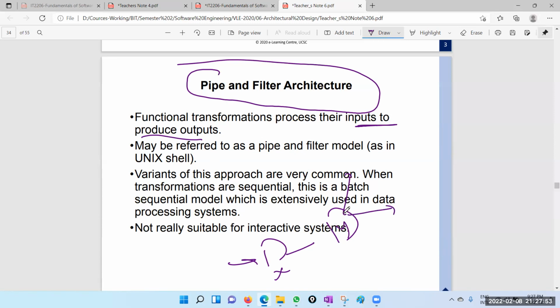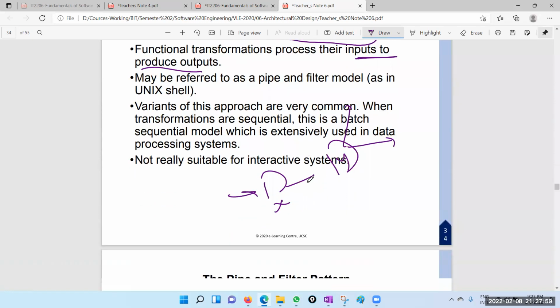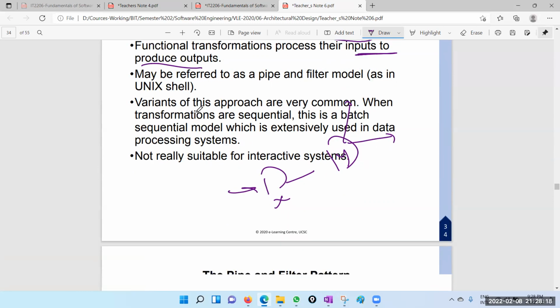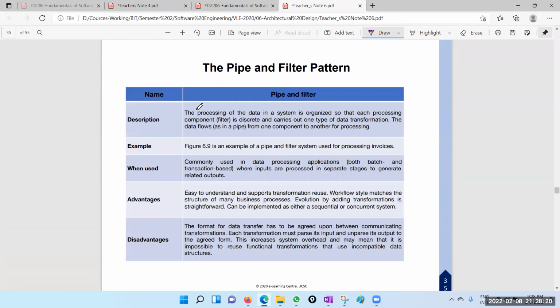That is called pipe and filter architecture. It is more biased towards batch processing, not interactive systems. Batch sequential modeling. It's a somewhat outdated architecture, but there are still situations where we do batch processing.